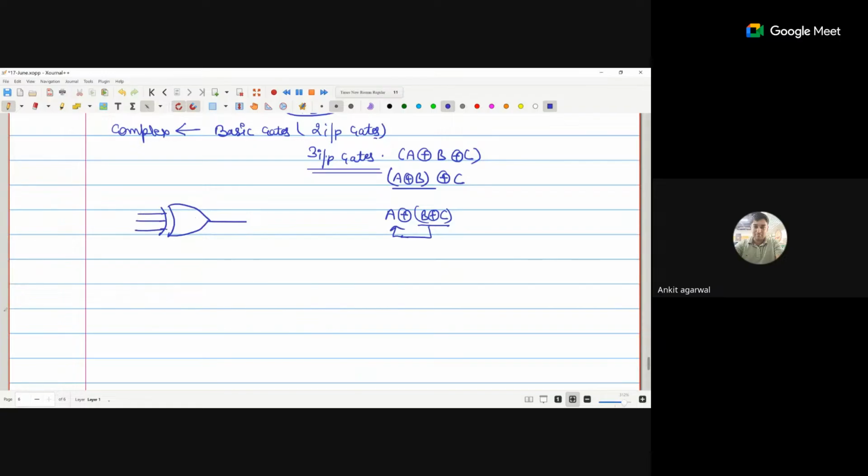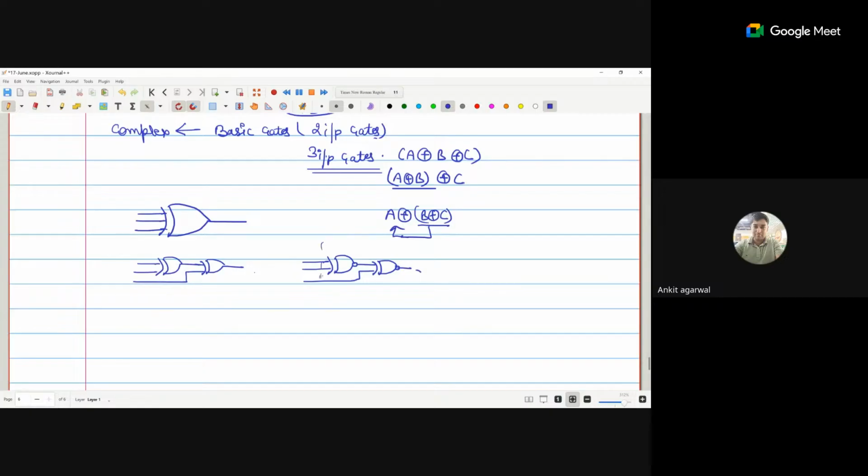But if we go into the internal part of this one, what is the internal process? Initially two inputs are XORed, then the output will be XORed with the third. Similarly for the XNOR also, two are XNORed, then the XORing will start.